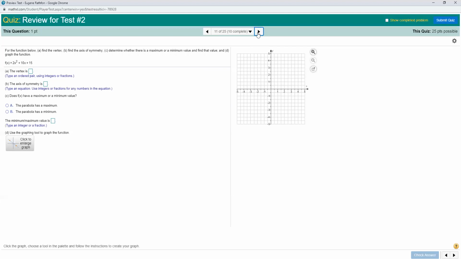They want me to find the vertex, axis of symmetry, min and max, and then graph it. All right, so I'm going to plug for everything, and then we'll come back and put our answers in and graph.